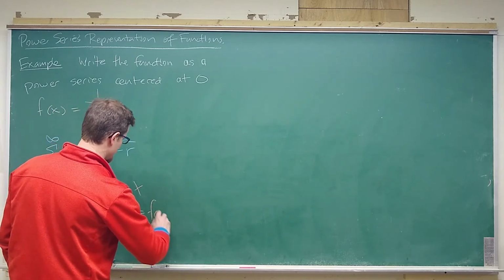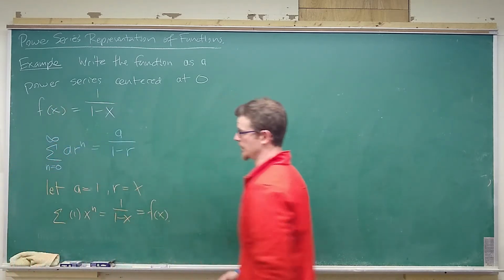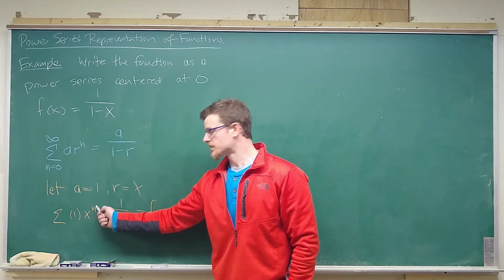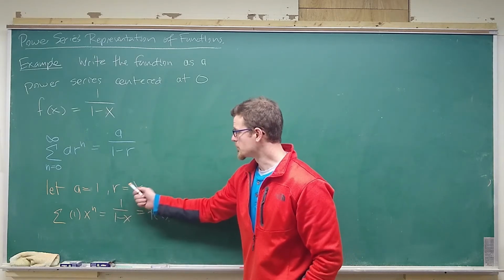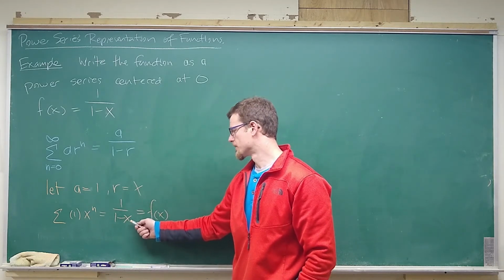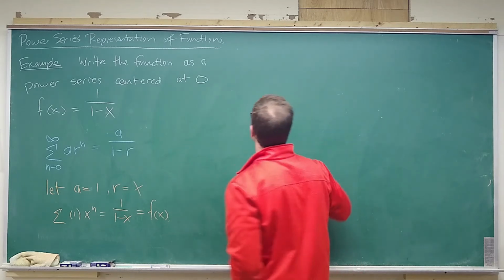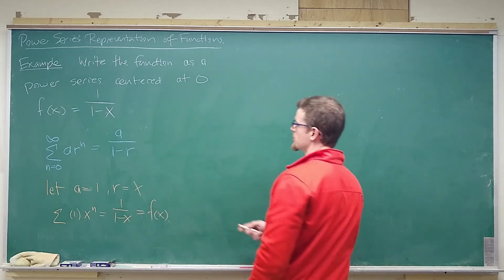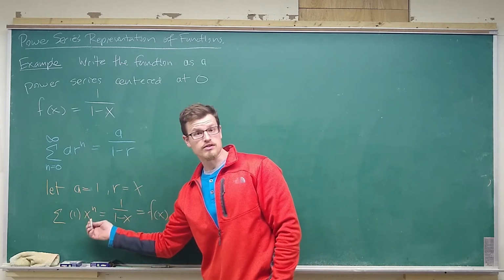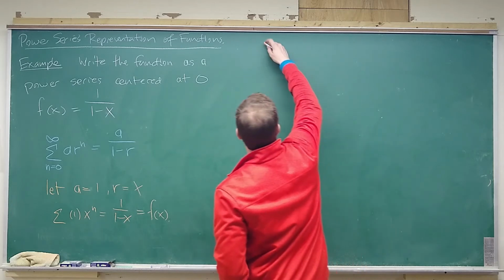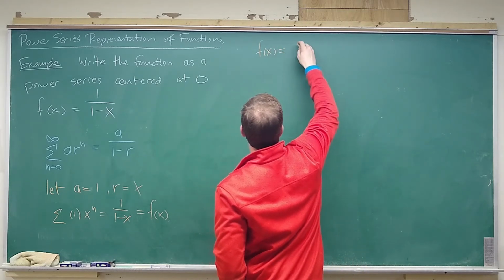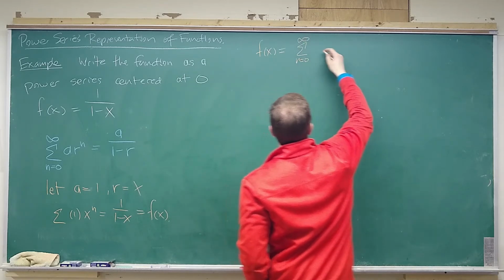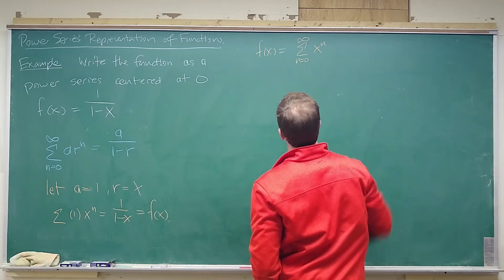But that is exactly f of x. The sum of a times r to the n is equal to a divided by 1 minus r, which is our function f of x. So this actually gives us a power series representation for f of x, which is centered at 0, because it's x minus 0 to the nth power. So again, the power series representation is exactly the sum from n equals 0 to infinity of x to the n.